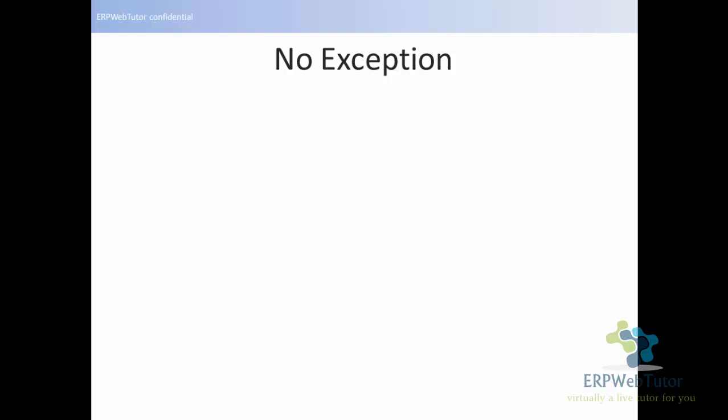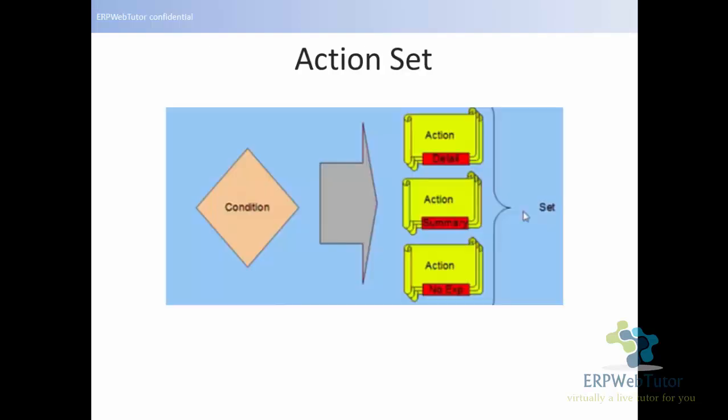That will send out an email, and that will be classified as a no exception. So you define your SQL statement, and if the count is 0, that means no exception. That is when you can define this particular action level, no exception.